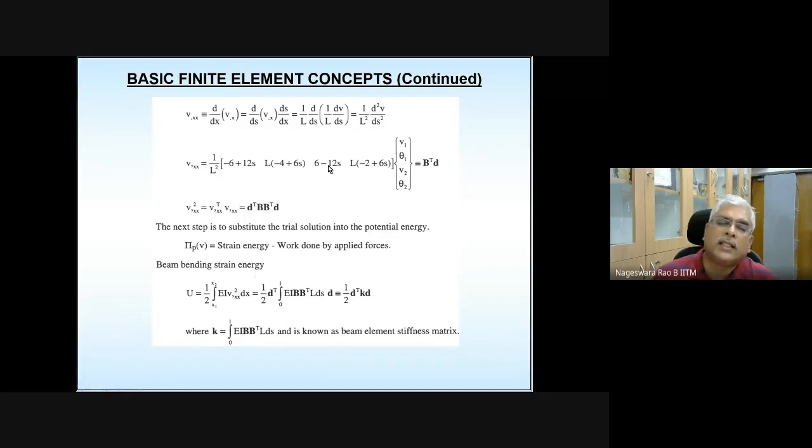And what is the relationship between bending moment and curvature? Bending moment is EI times the second derivative of V with respect to X. So if you take this curvature and multiply with EI, it's going to be your bending moment.